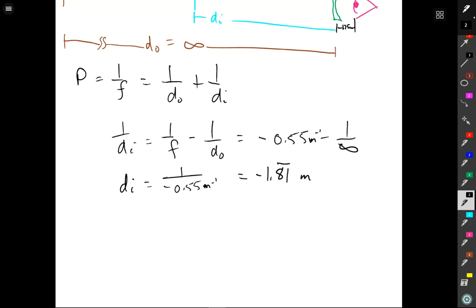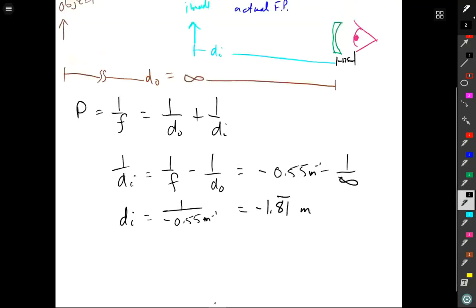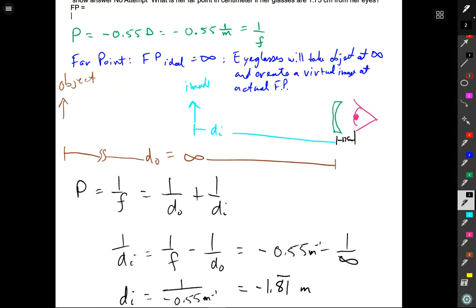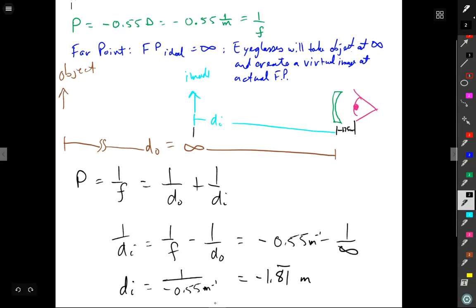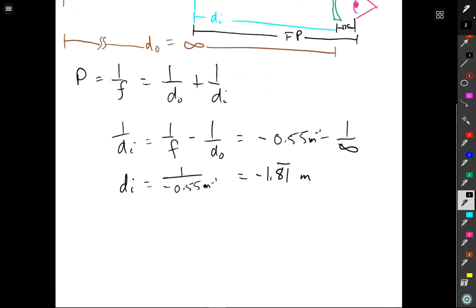So that's the image distance. Notice it's negative because it's on the same side as the object. Just like we had already said, it's going to be virtual because it's on the same side. So now the question is, how far is it from her eyeball to that image? Take the magnitude of this.